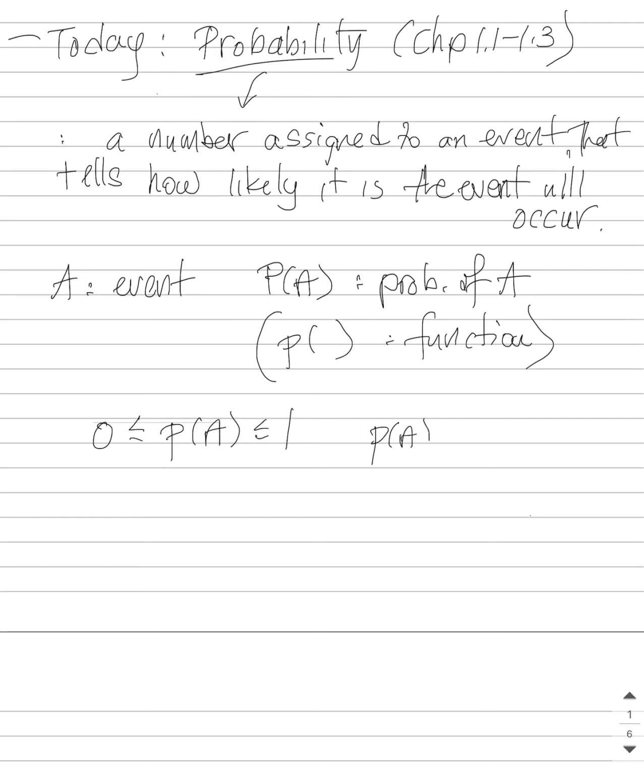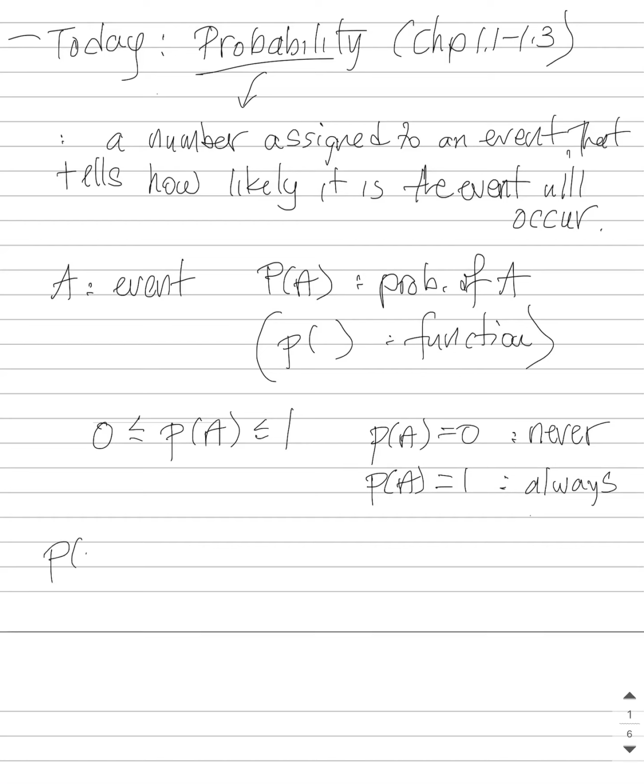If an event has a probability equal to 0, that means the event will never occur. If an event has a probability of 1, that means the event will always occur. So these two are the only situations where there's certainty. 0 means it will never happen, it's certain. 1 means it will always happen, it's certain.